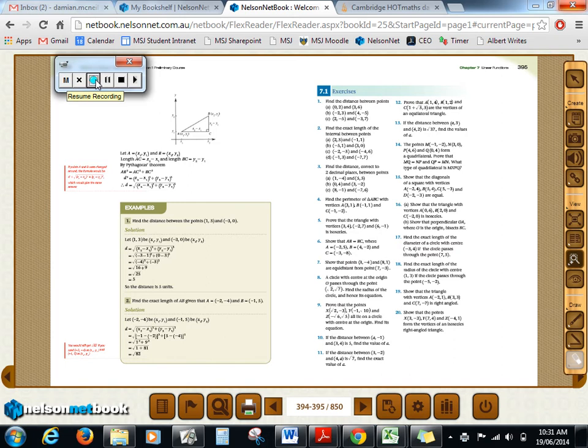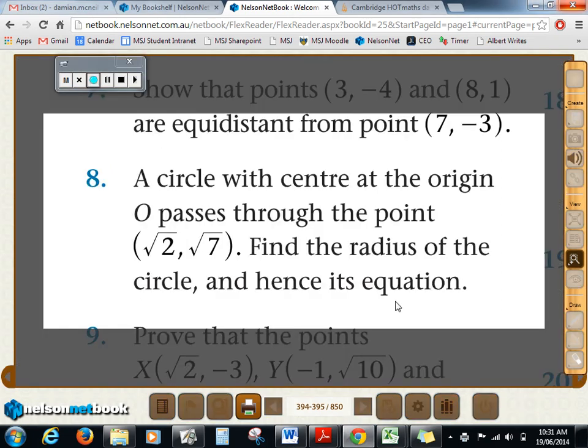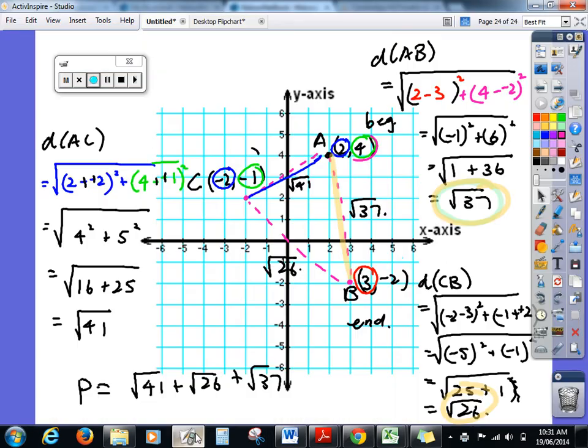Okay, some other questions that you'll be doing will be something like this one here, which is a circle with a centre at the origin that passes through the point root 2, root 7. Find the radius of the circle. So just doing a quick sketch on that, just having a look at what we need to do.